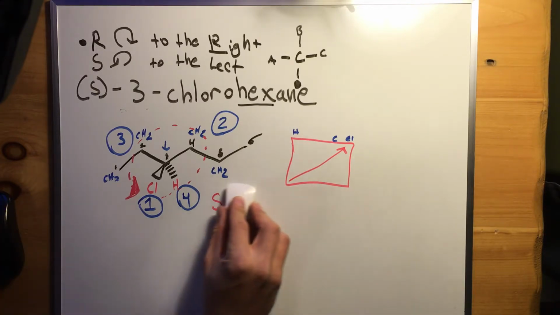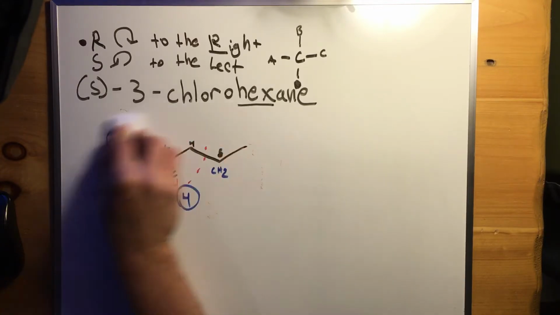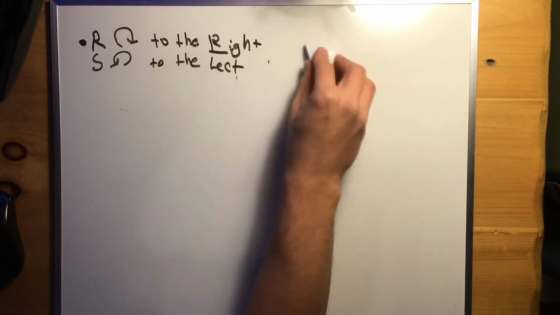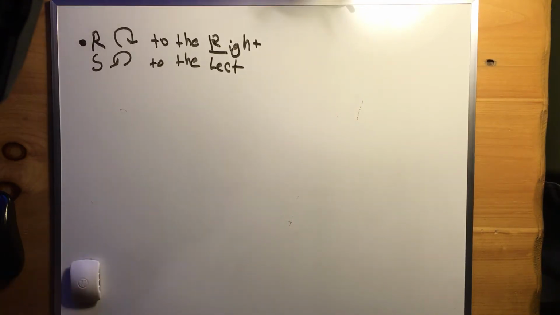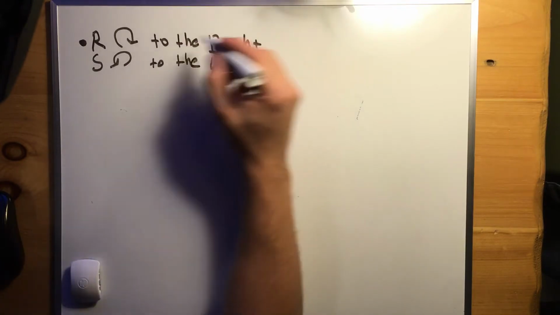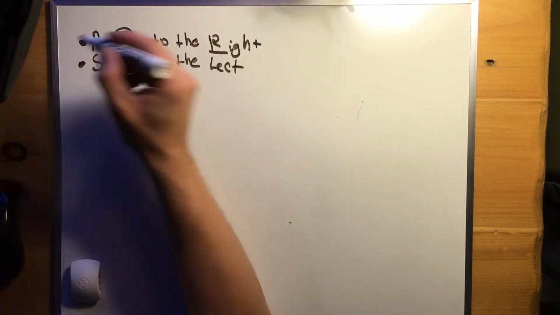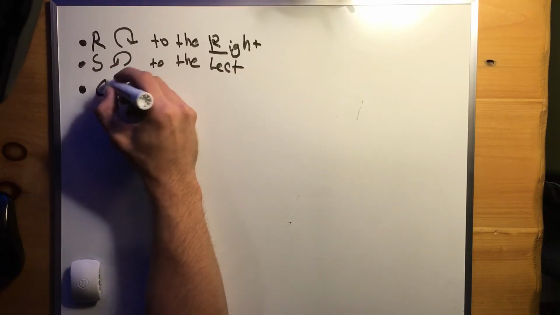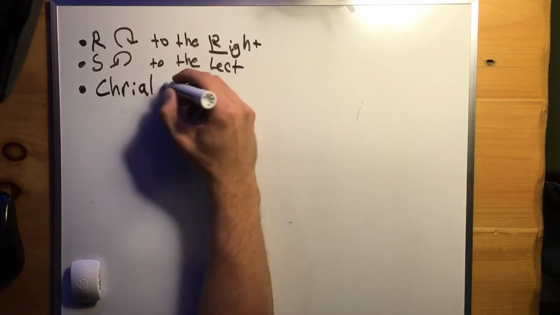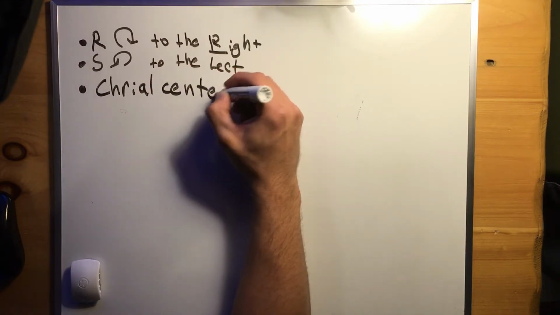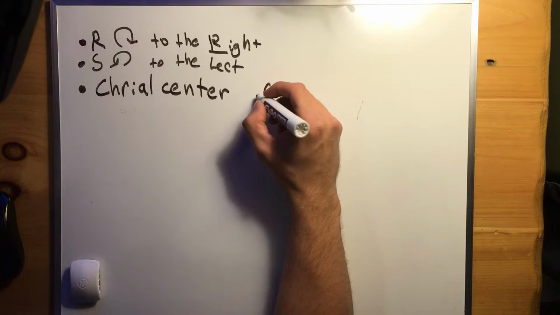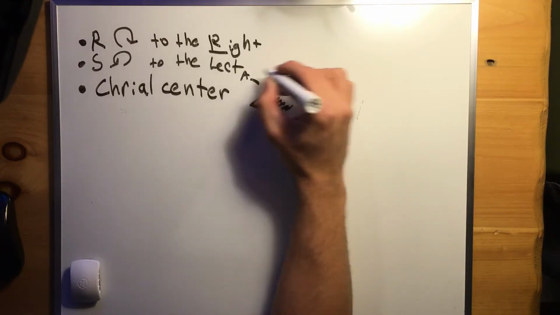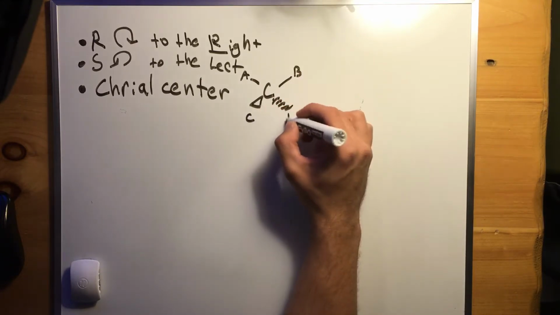The next thing I'd like to go over just real quick is a couple rules. So the first two rules were already covered. It's that R is to the right, clockwise, S is to the left, counterclockwise. This one was already covered, that it has to be at a chiral center. So that means if you have carbon, every substituent is different.